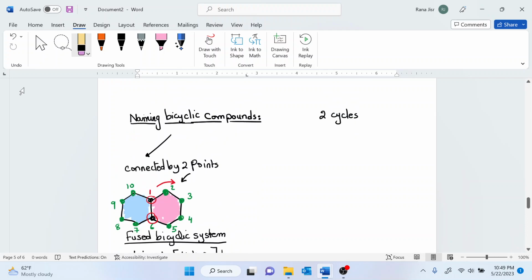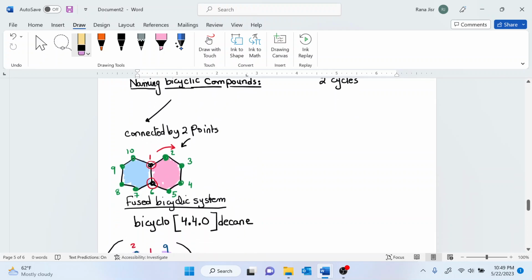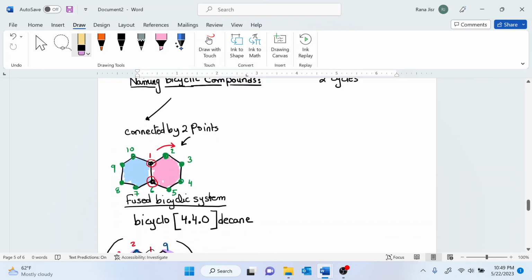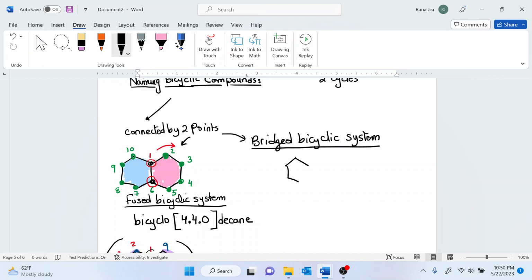The other type of bicyclic compounds that are still connected by 2 points, we call this a bridged bicyclic system. And with the bridged bicyclic system, please refer to the conformation of cycloalkane lecture just to elaborate more on how to draw a cyclohexane.